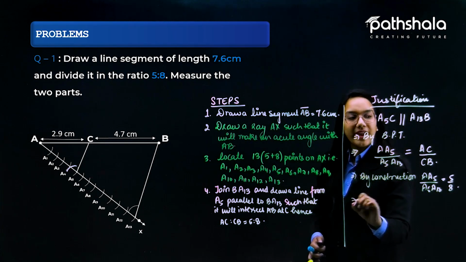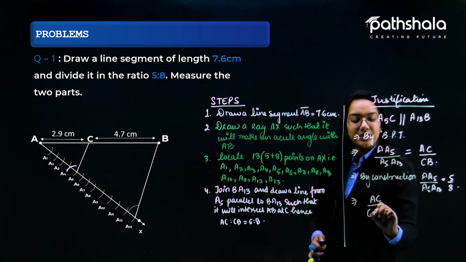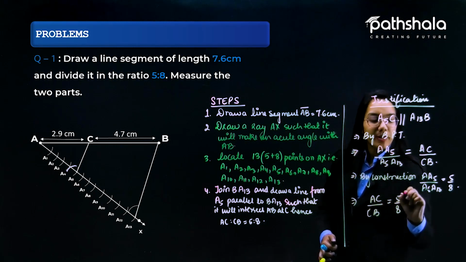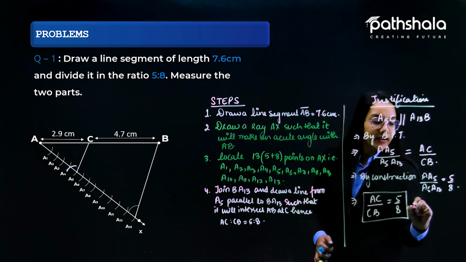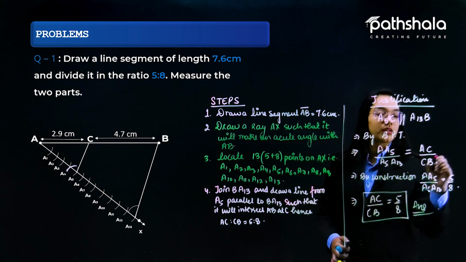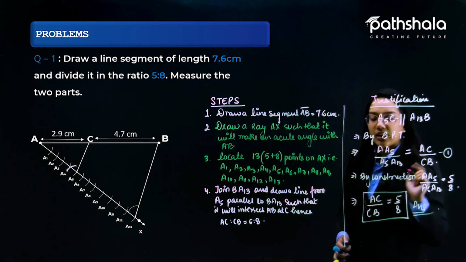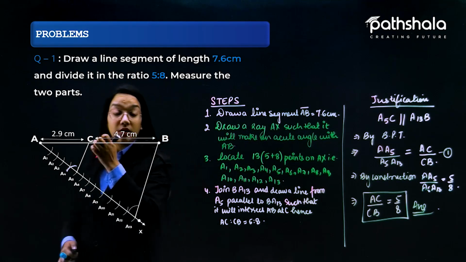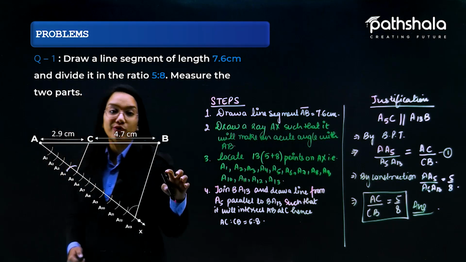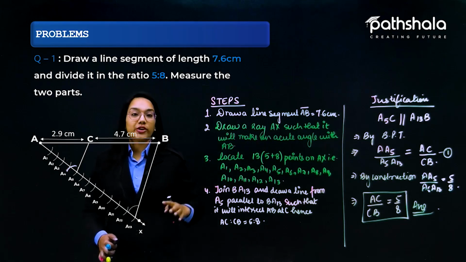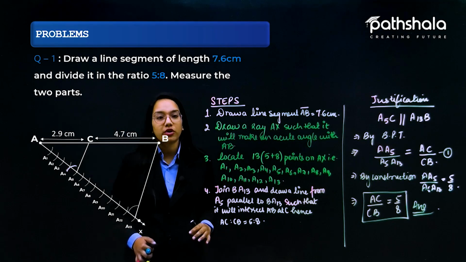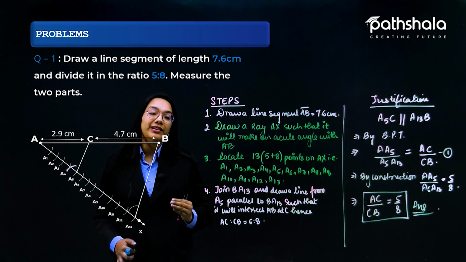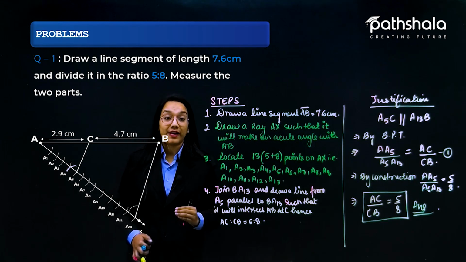So AC by CB is 5/8, and hence point C divides AB in the ratio 5:8. So this is question number 1, related to the construction of a line segment divided in a particular ratio.